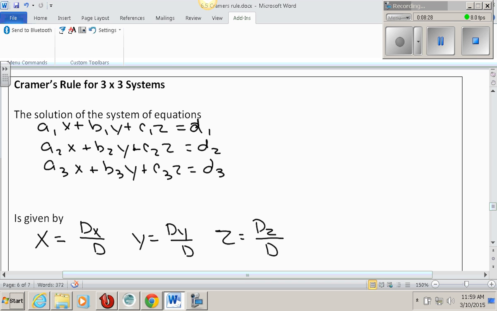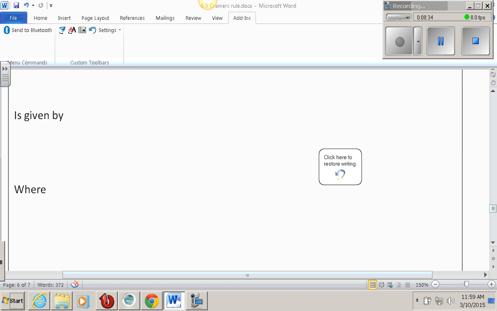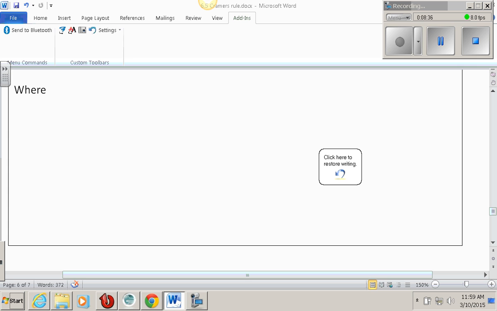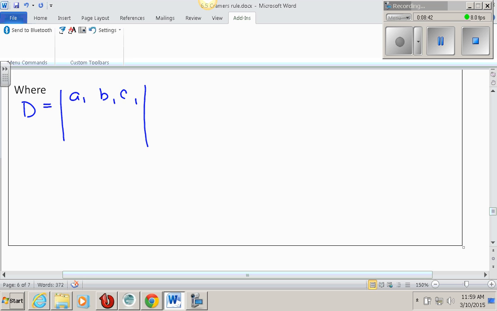In order to find those 3 things, we have a way to set them up, right? The determinant is going to be based on a1, b1, c1, a2, b2, c2. Remember, I showed you how to find the determinant in your calculator, so that should be pretty simple.